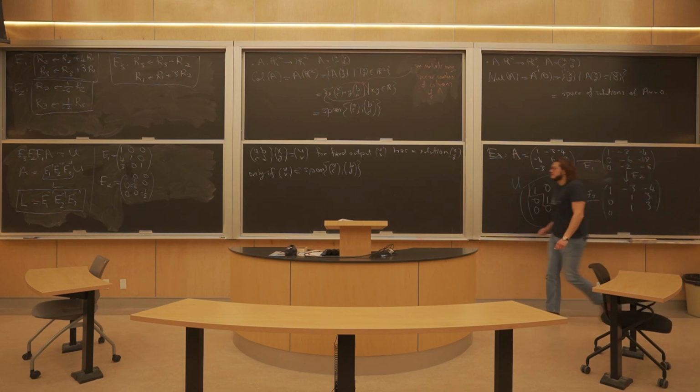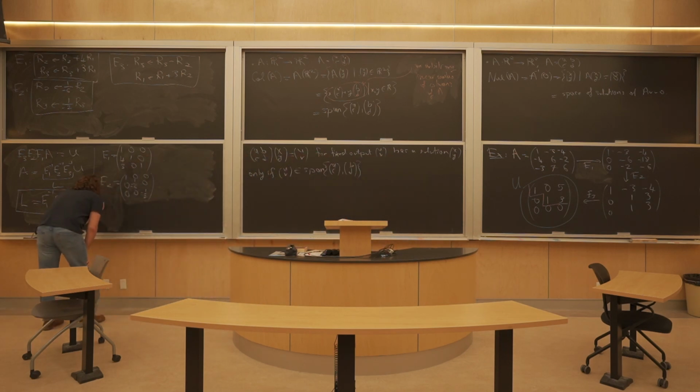Okay? And then the third one is the same idea. The second row stays the same, so in the middle I should see 0, 1, 0. The first row becomes like this, and then the third row becomes like this. Okay?